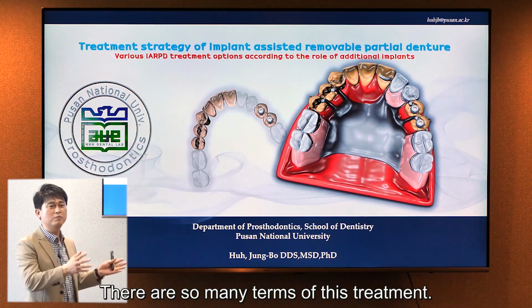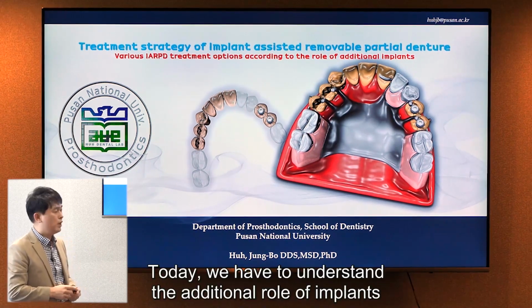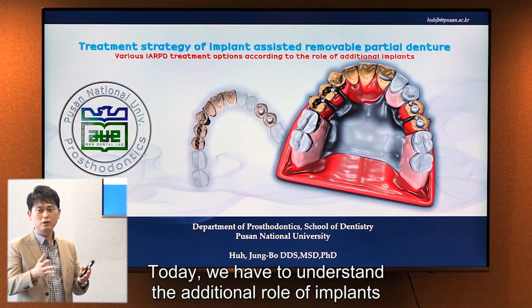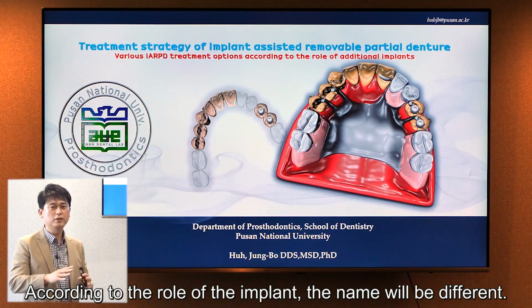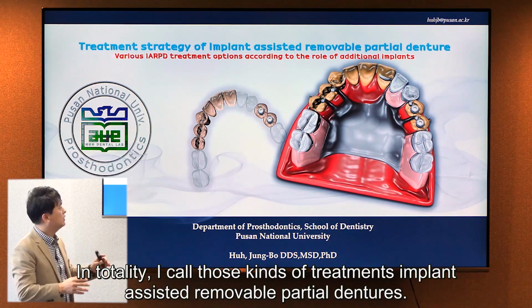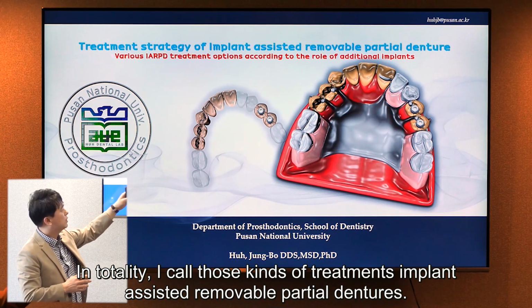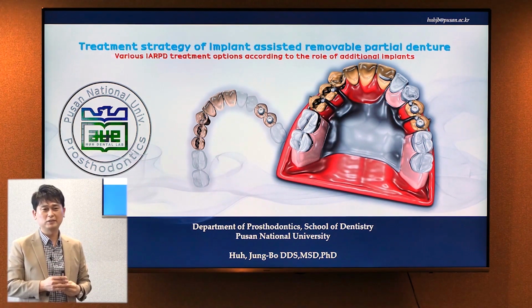There are so many terms for this treatment, but today we have to understand the additional role of implant in removable partial denture. According to the role of implant, the name will be different. Totally, I call this treatment implant-assisted removable partial denture.